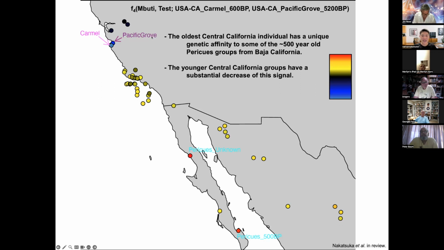So this genetic attraction we observe of the oldest Central California individual to the Pericú individuals that's not found in the younger Central California individuals would be consistent with the Utian migration into the region. But one possible source population for this migration might have been the Calaveras County here, but we need more sampling from this area to further test this, because we find evidence that there's migration coming in from here to here, but there might have been other areas that it could have come from as well.